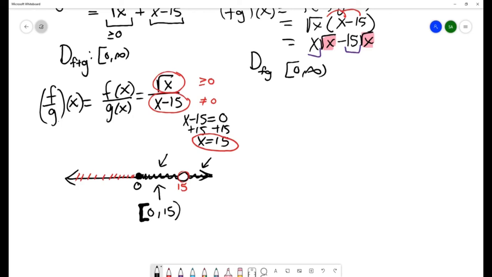So we'll put a parenthesis. And this interval here begins at 15 and goes to infinity. And so we have the domain of f over g can be from 0 to 15, including 0, and 15 to infinity, not including 15.